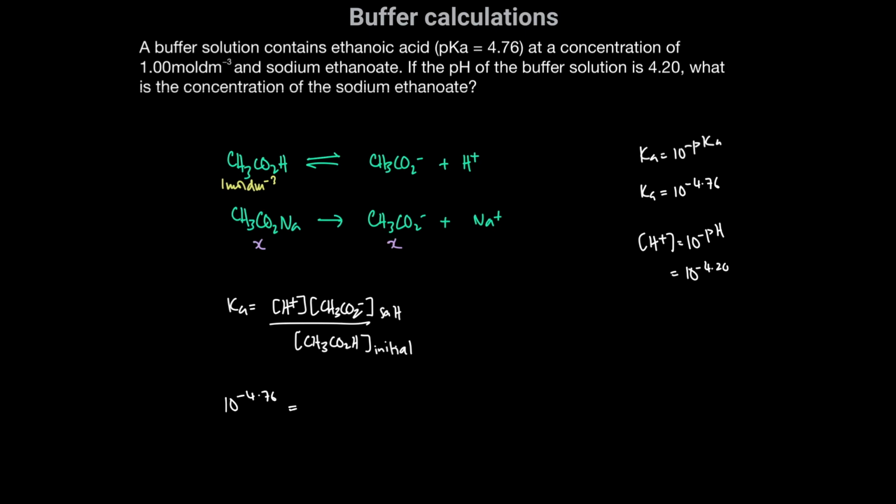The concentration of H plus is 10 to the power of negative 4.20 times the concentration of the conjugate base, the salt concentration, divided by the initial concentration of acid, which is 1 mole per decimeter cube. And that gives us the concentration as 0.275 moles per decimeter cube. So that's our answer.